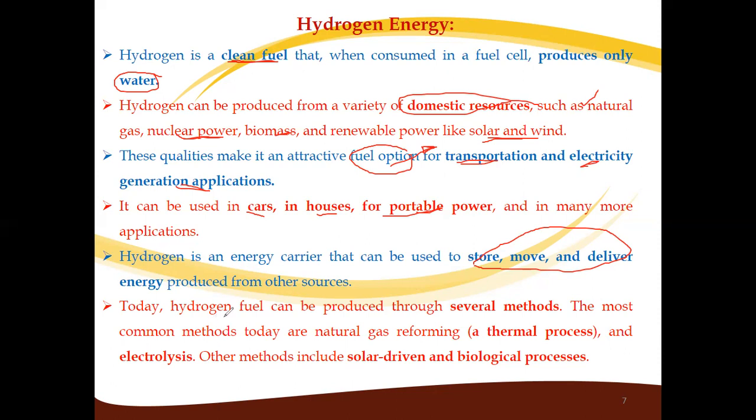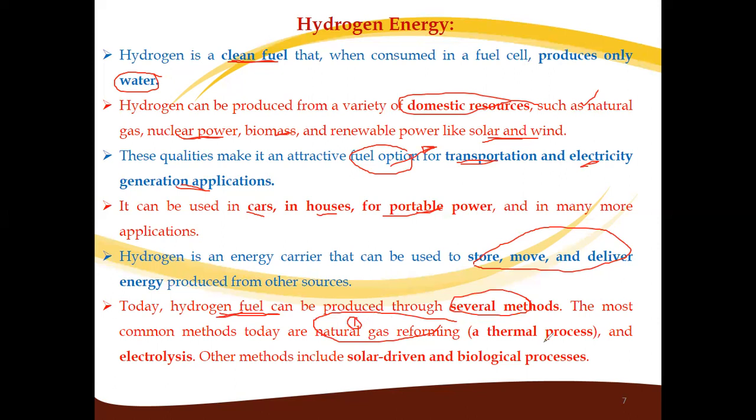Today, hydrogen fuel is produced using several methods. The most common method used to produce hydrogen fuel is natural gas reforming. This is the first method by which we can produce hydrogen, natural gas reforming.